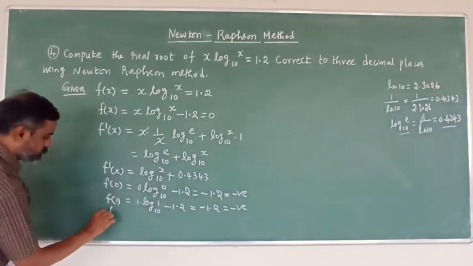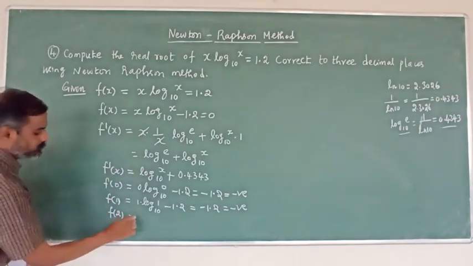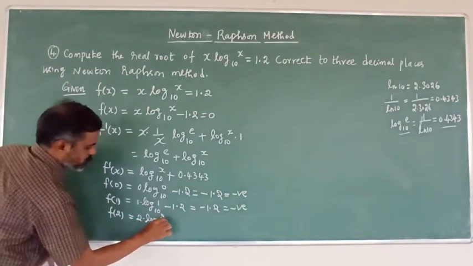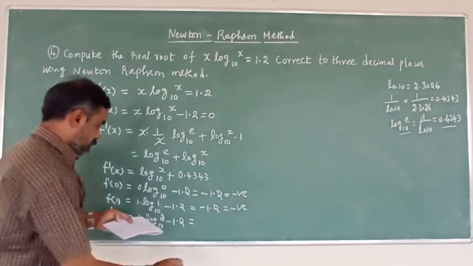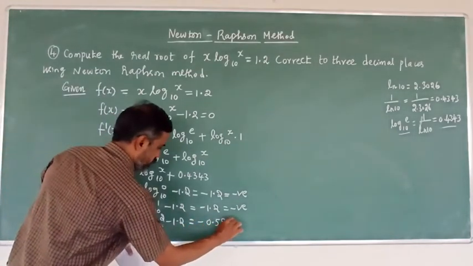Next, f(2), x value 2, 2 log₁₀ 2 minus 1.2, we get the result minus 0.5974.